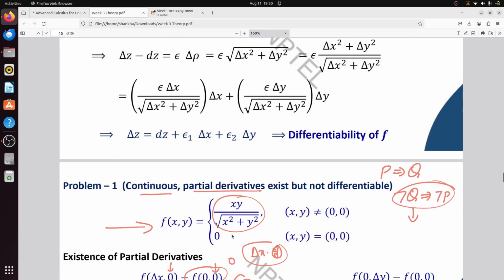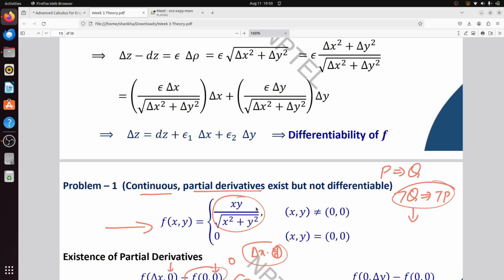First prove its continuity. How will we prove the continuity? Tell me, you just try. From the definition of continuity, you use polar coordinates simply. Okay, you can use polar coordinates, right?